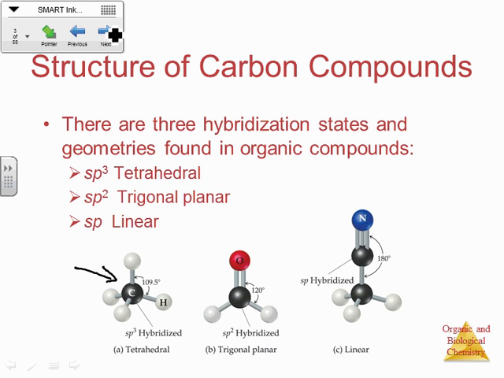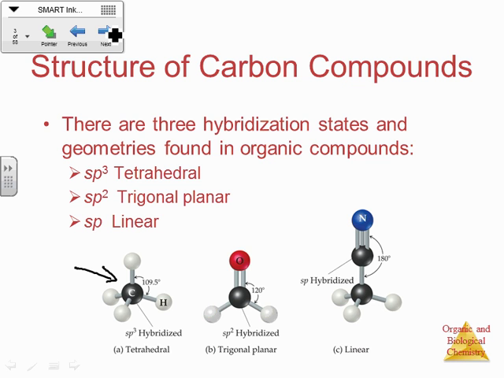Okay, if you have a double bond on the central carbon, then it's an sp2 hybridization, and the shape is going to be trigonal planar. You're going to have 120 degree angles. And then if you have a triple bond on that central atom, then you're going to have a linear structure. Okay.